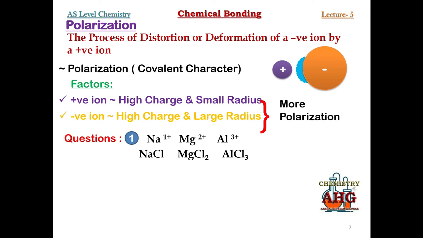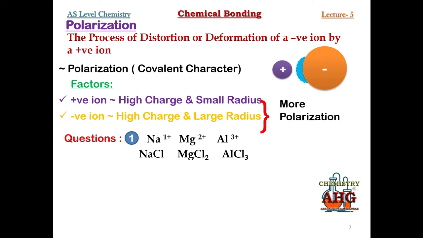Obviously, this magnesium chloride would have greater polarization and greater covalent character compared to NaCl. And aluminum chloride would have maximum polarization, maximum covalent character. Aluminum chloride has polarization to such an extent that its percentage character of covalent bonding becomes approximately 50%.